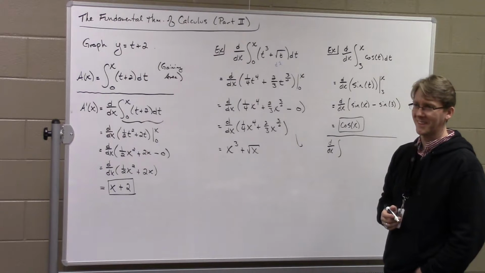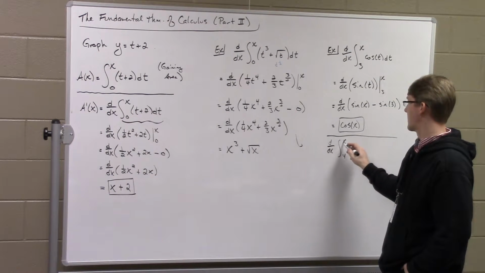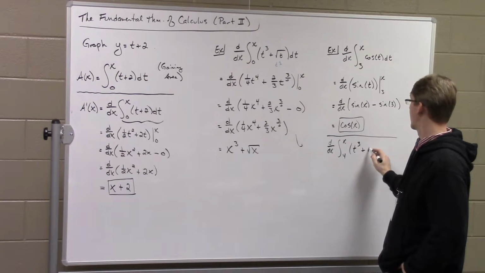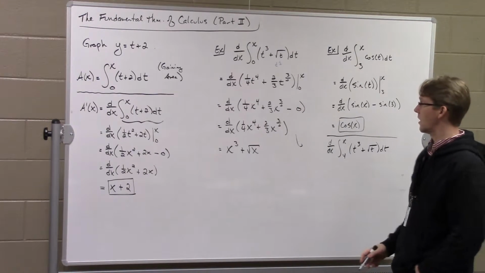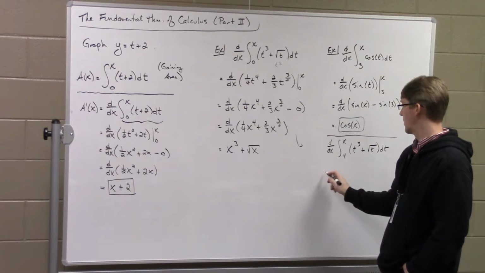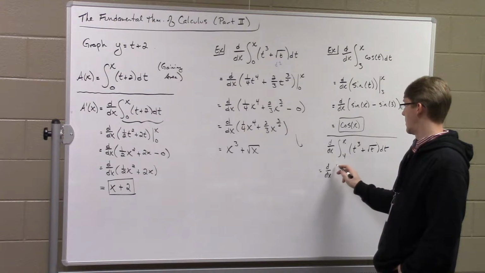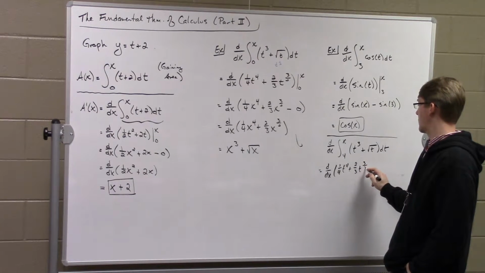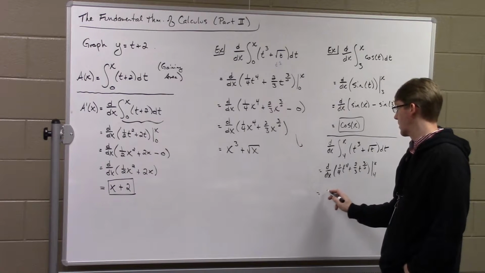Say 3, or 4, just for fun. I'm picking this one because we've already done most of the work, so I'm going to fast forward here. d/dx of 1/4 t to the 4th plus 2/3 t to the 3/2, evaluated from 4 to x.